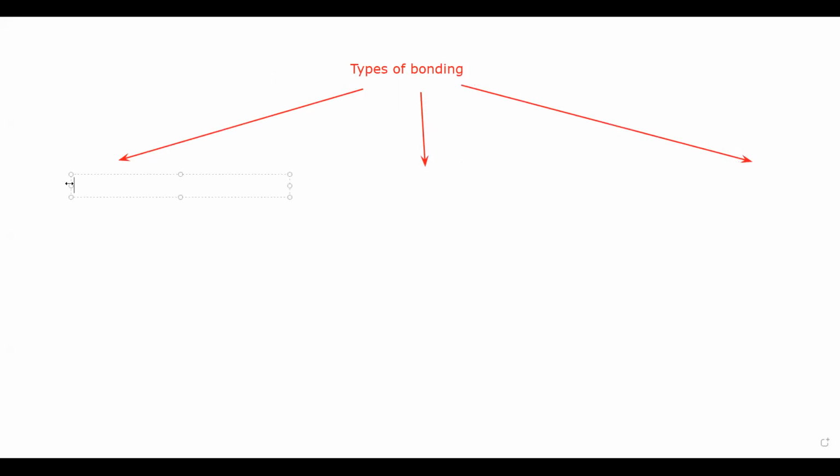One is known as ionic. The second one is known as covalent. And the third one is known as metallic. We'll discuss in detail about the three types of bonding.